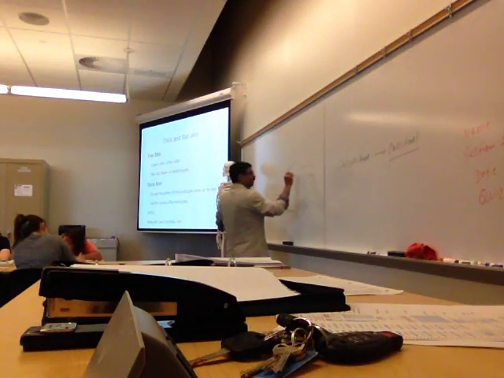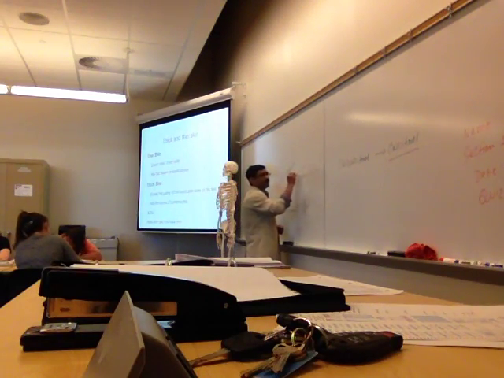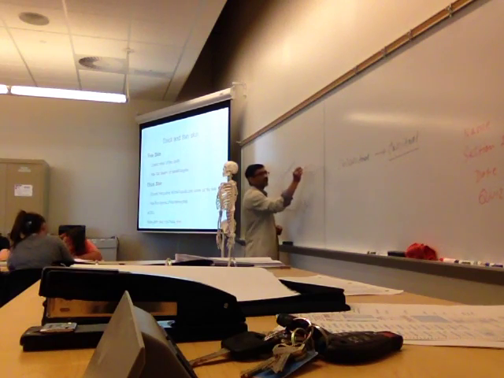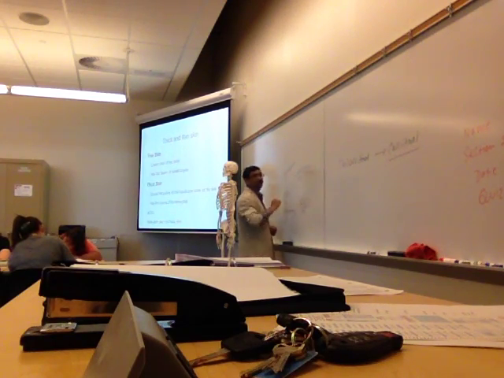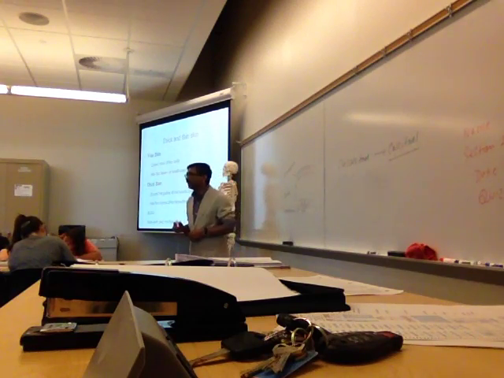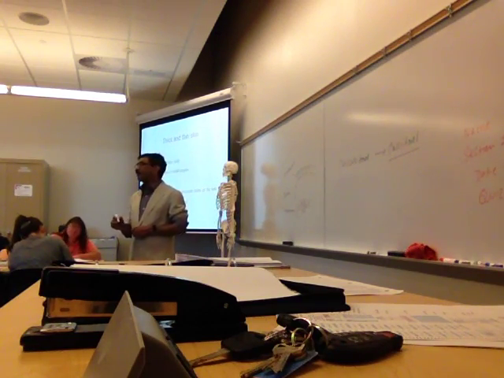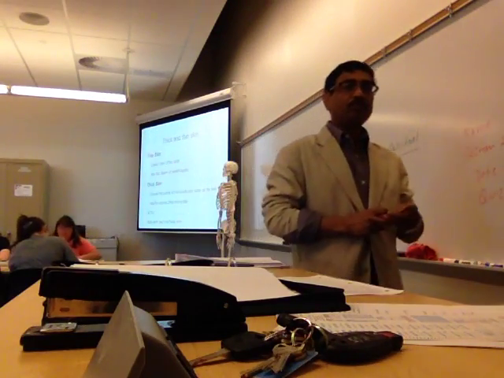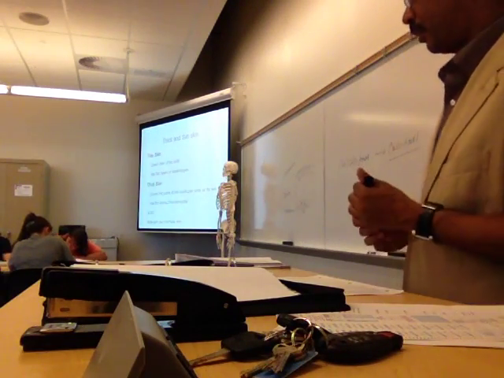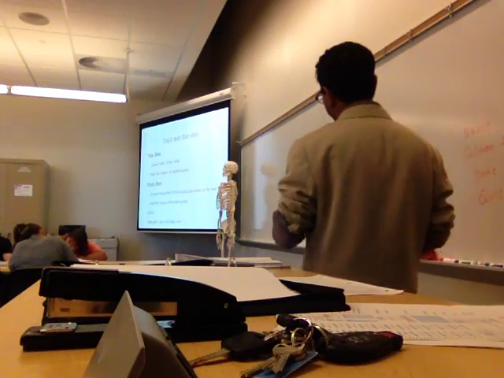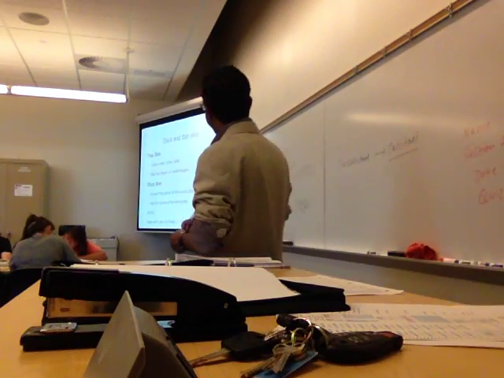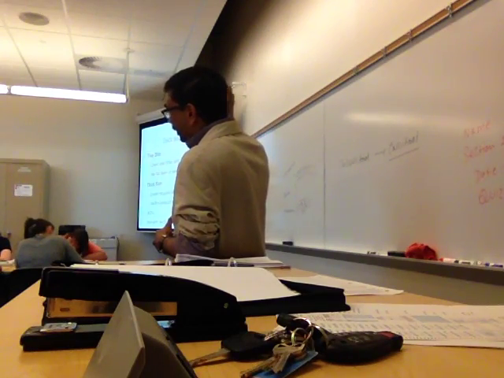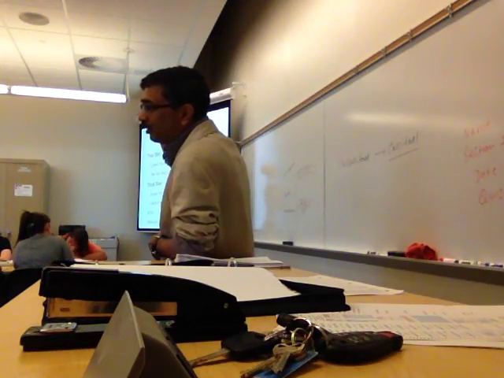Now, in thin skin, the epidermis has 4 layers. 1, 2, 3, 4 in thin. But in thick skin, epidermis has 5 layers. Okay, that's the difference. We'll see which layers are present in thin and which ones are present in thick skin. Just remember that thin skin epidermis has 4, thick skin epidermis has how many? 5.